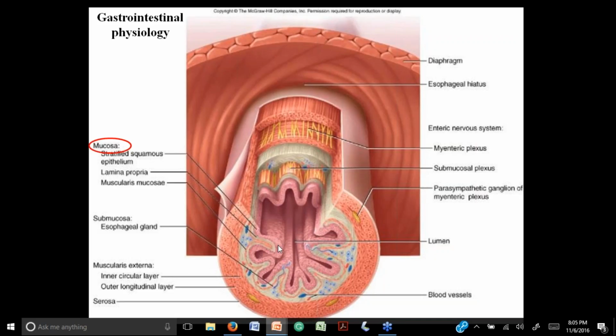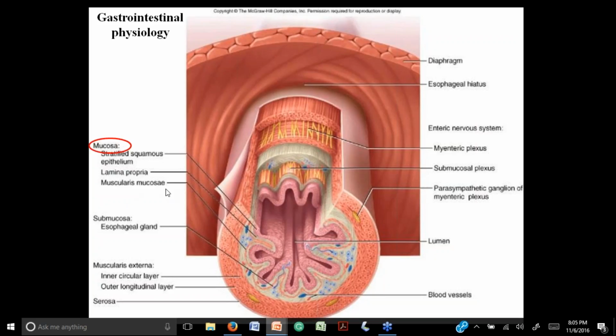We have the epithelium, and we have the lamina propria, where the squamous cells are going to be sloughed off every 3 days. So the mucosa of the whole GI tract is sloughed off every 3 days, and it changes. It's the lamina propria where the new cells come from that replace the ones sloughed from the GI tract.